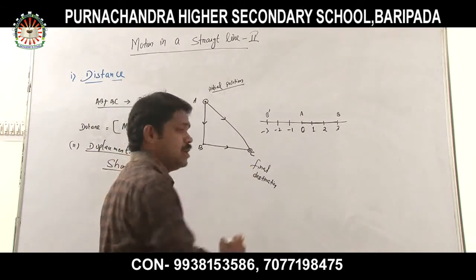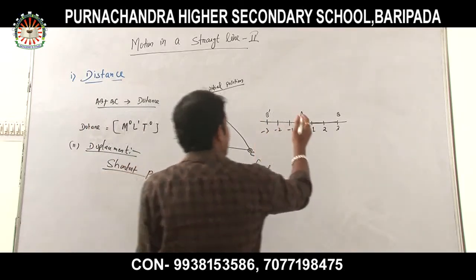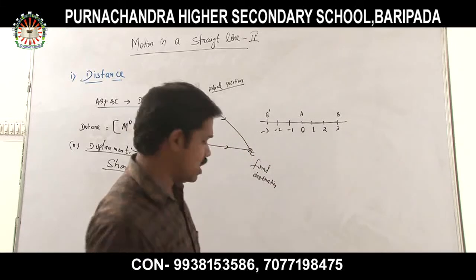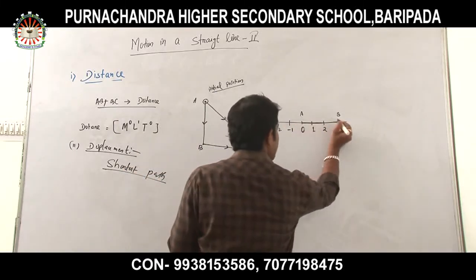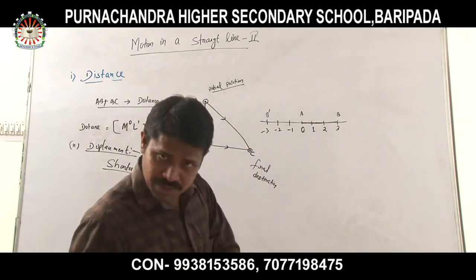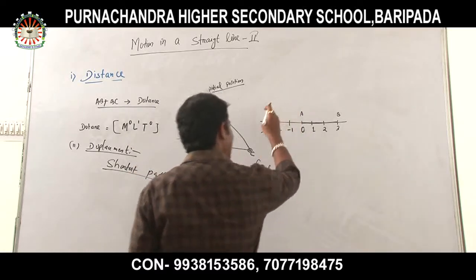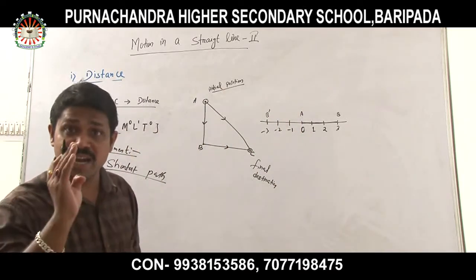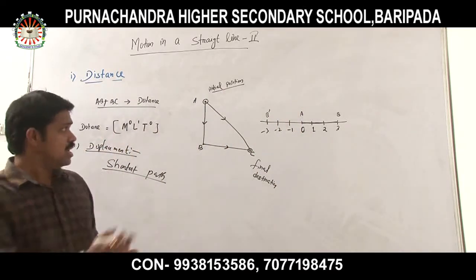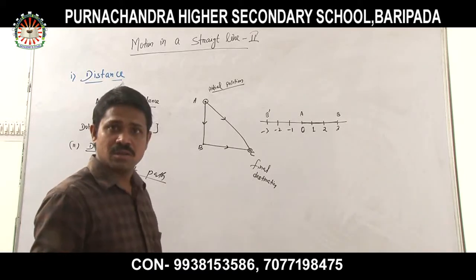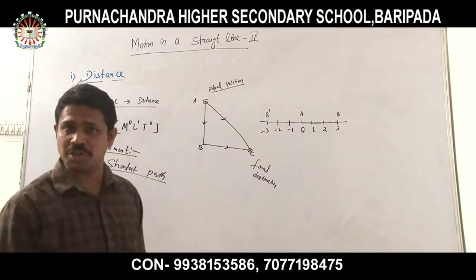But if I want to find out the displacement, the displacement is a vector quantity. So A to B gives us the positive displacement, and A to B dash gives me the negative displacement, because it is in the reverse direction. The direction becomes opposite.